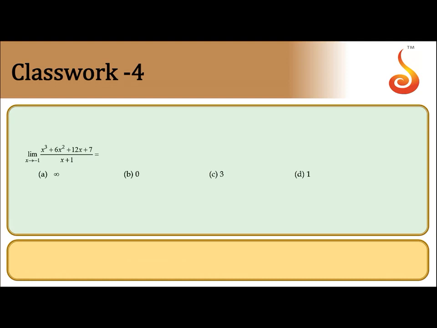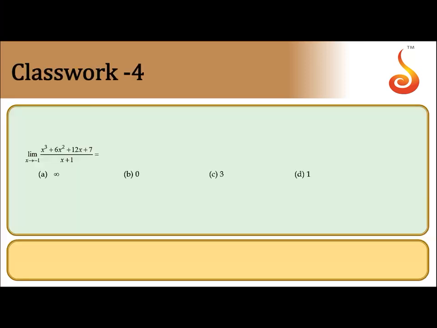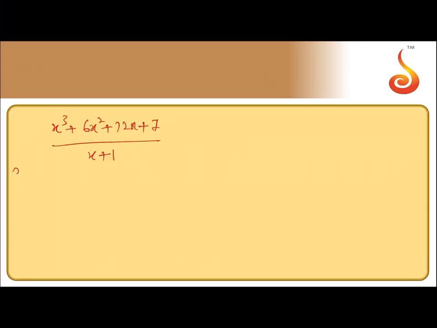Coming to the fourth one: limit as x tends to minus 1, x cube plus 6x square plus 12x plus 7 divided by x plus 1. As x tends to minus 1, the numerator becomes minus 1 plus 6 minus 12 plus 7, which is equal to 0.